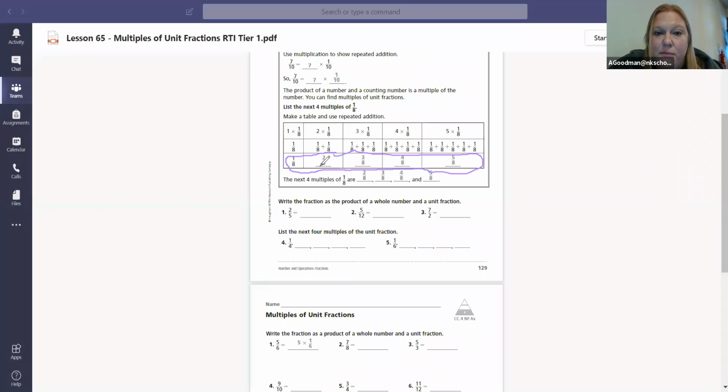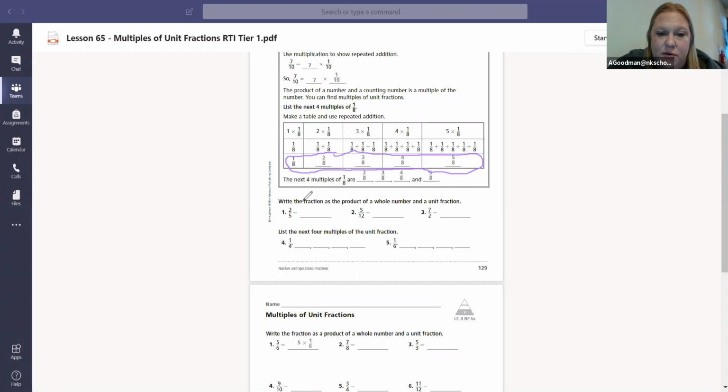So the next 4 multiples of 1/8, if you have 1/8, the next multiples would be 2/8 and 3/8 and 4/8 and 5/8. And since we're only talking about unit fractions here, the 1 on the top, you just count by 1 on the top.